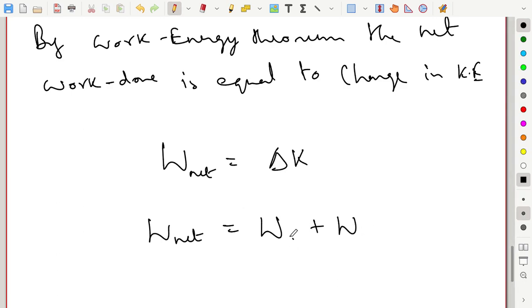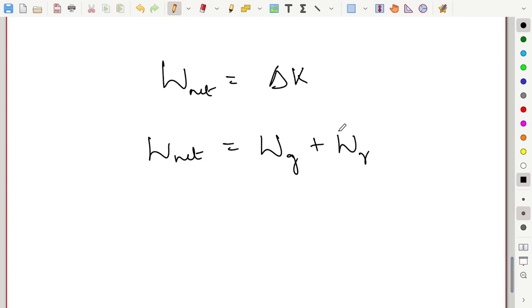Let WG be the work done by the gravitational force and WR be the work done against the resistive force. The net work done is equal to the change in kinetic energy, which is kinetic energy final minus kinetic energy initial.